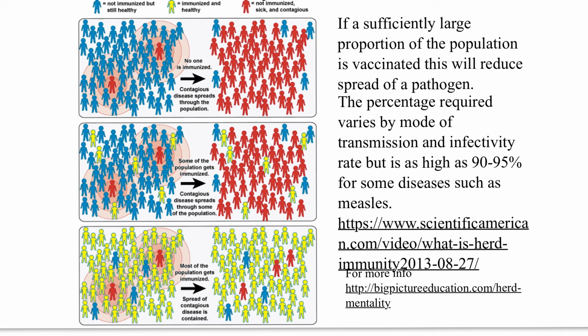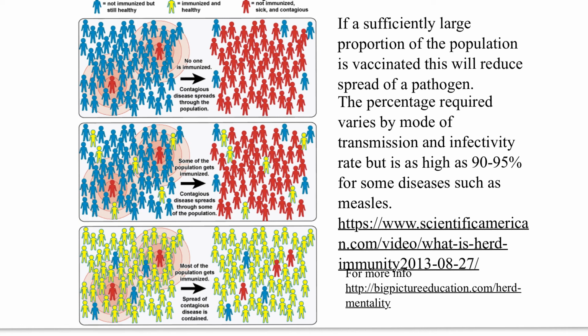So getting vaccinated is really important to protect yourself, but being vaccinated just yourself isn't enough. Everyone needs to get vaccinated to protect the whole population, because there are many people that cannot be vaccinated. The very, very young who just haven't reached the age where they can get vaccinated yet. People who are immunocompromised, so for instance, people who have particular autoimmune diseases, or people who have HIV or AIDS, or people who are undergoing chemotherapy or have cancer, or people who are very elderly and vulnerable, often cannot receive particular vaccines.